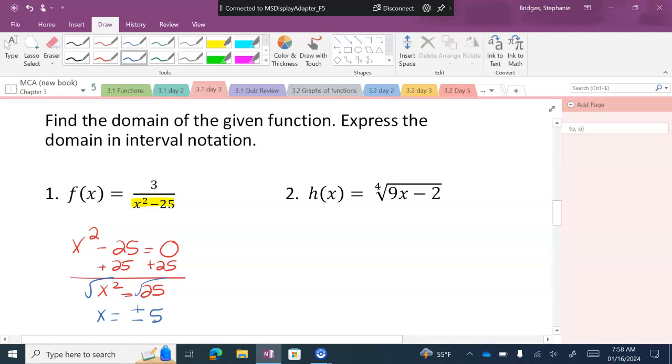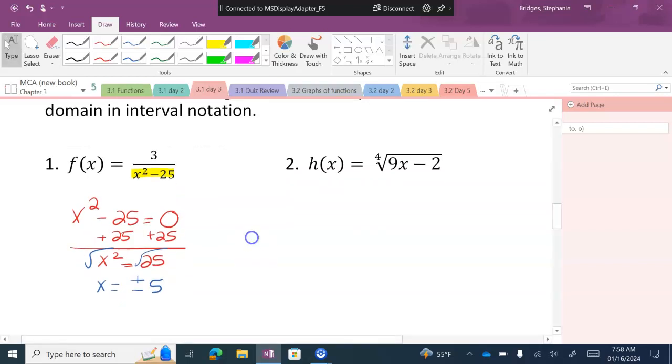So we've got to represent this first part. What would this first interval look like? Okay, with parentheses, right? So negative infinity to negative 5. But I have another section, so I'm going to put my union there. Then I need to write this middle section, which would be from negative 5 to 5.